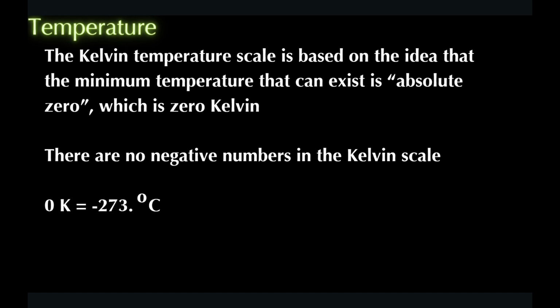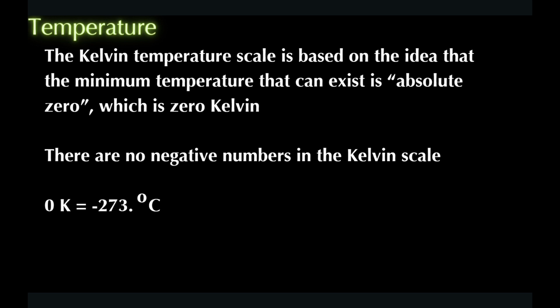Our next part is that the Kelvin temperature scale is based on the idea that there is a minimum temperature that can exist, and that minimal temperature is called absolute zero, which is 0 Kelvin. So nothing can go below 0 Kelvin. Absolute zero is when there is zero kinetic energy in the system.